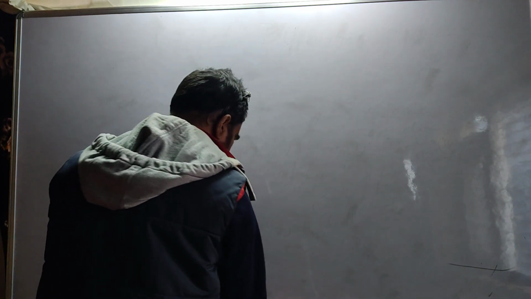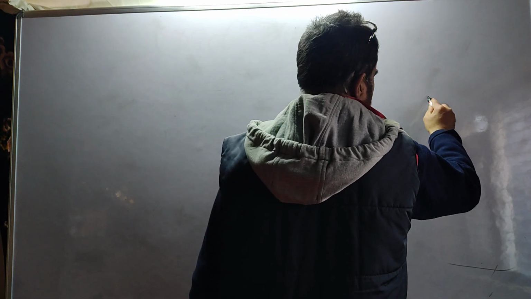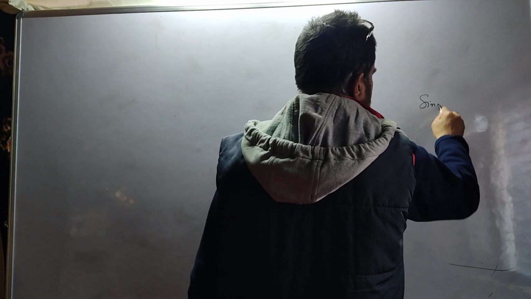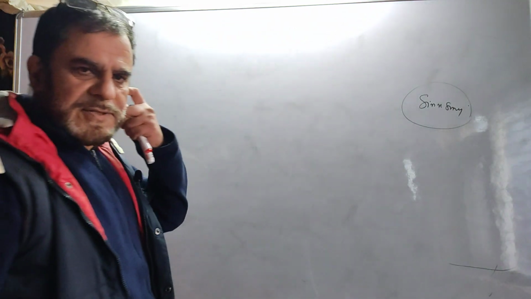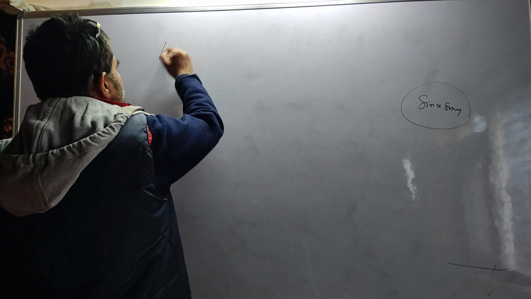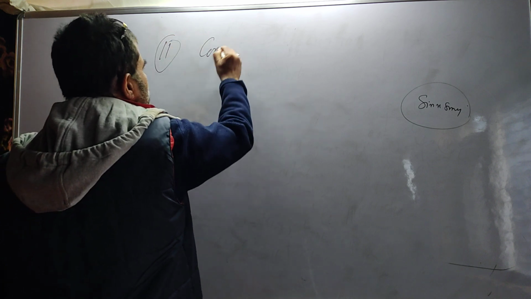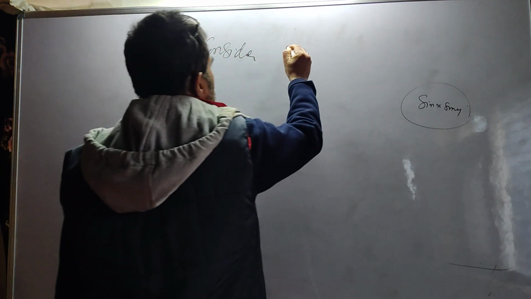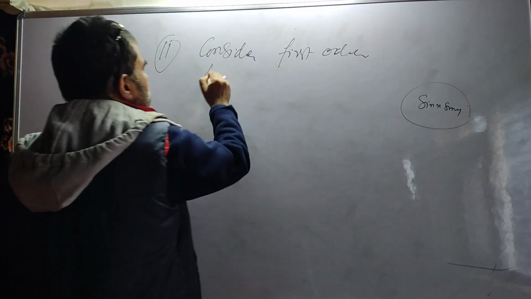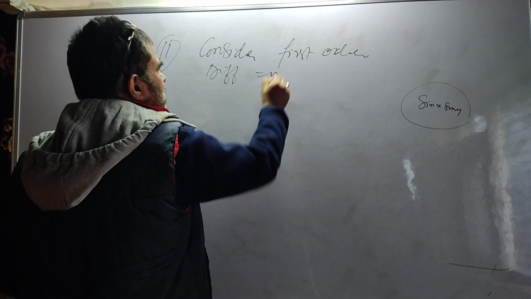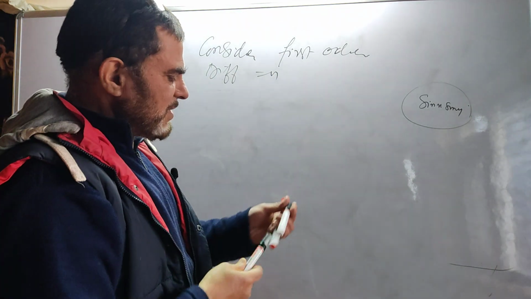I will give you one more example. I will write here, say it is sin x sin y. That you will come to know later on. I consider the second example. Consider a first order differential equation.